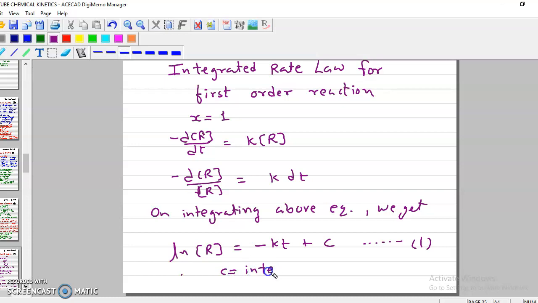So C is called the integration constant, and to find the value of C, we have to consider the initial condition.